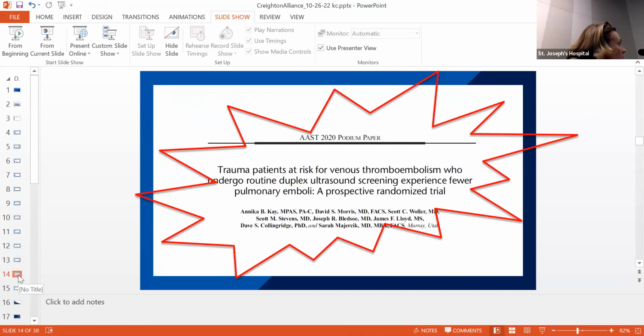That's good, in trauma patients. And what's the primary outcome? Yep. PE or DVT.